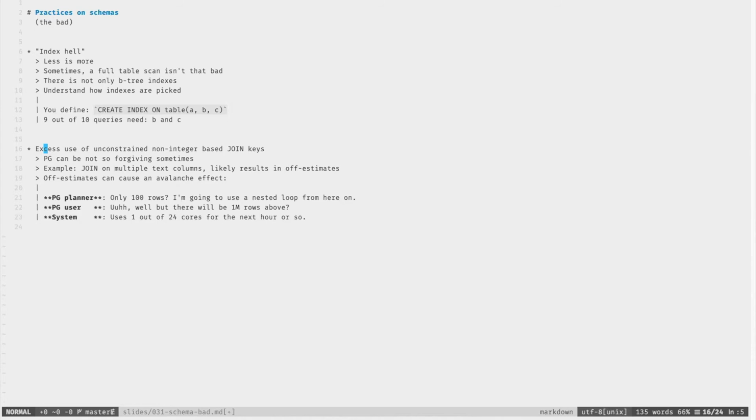However, if you are joining, let's say, 10 million rows with 1 million rows, even if it's using many of those keys, then getting a single row out of that is very unlikely. And you just have to wait there and see how that system is idling on this stack of nested loops until it's done. The only way to prevent that in that case is to turn nested loops off, but you don't want this in your main config.